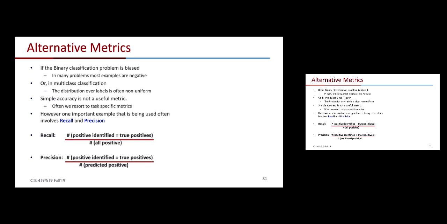For recall, in the denominator, I'm going to have the number of all positive examples, and then I'm asking myself, how many of the positives did you get? That's recall: the number of positives identified out of all the positives. For precision, I'm looking at the number of positives identified out of those that are predicted positive. I predicted positive on some population, and I want to know how precise I am. So what fraction of those that I predicted positive are really positive?